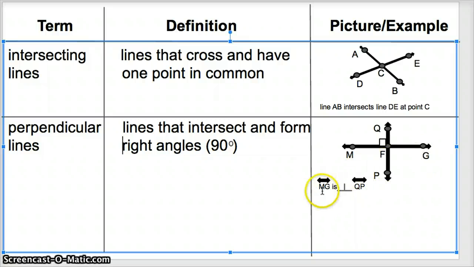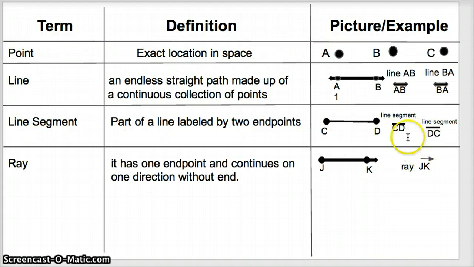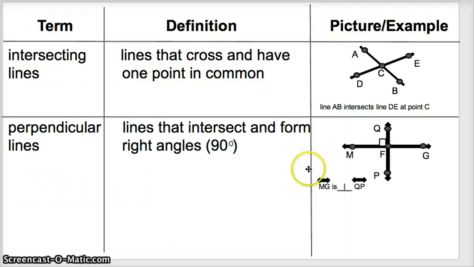Here, line MG with the symbol, here used words. Remember, if you refer back to your notes up there, there are words you can use, line AB, or you can use the symbol that says line AB. So this is line MG and this is the symbol for perpendicular.